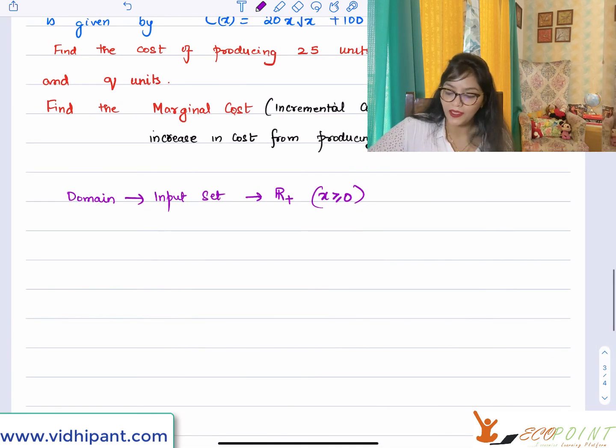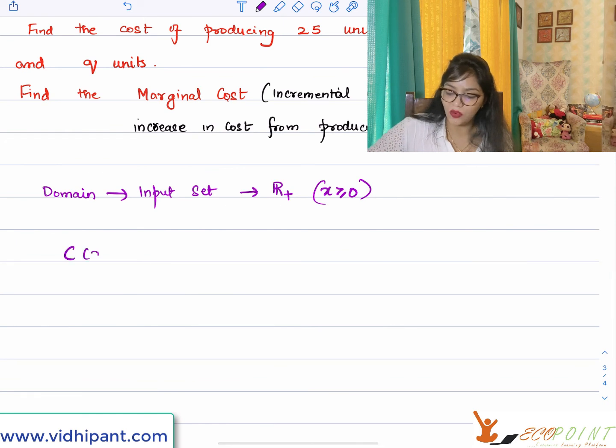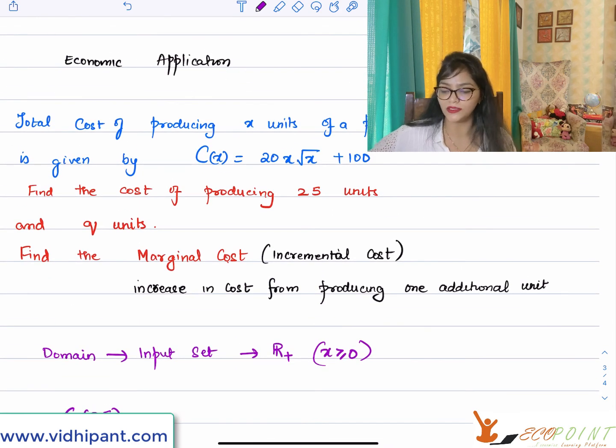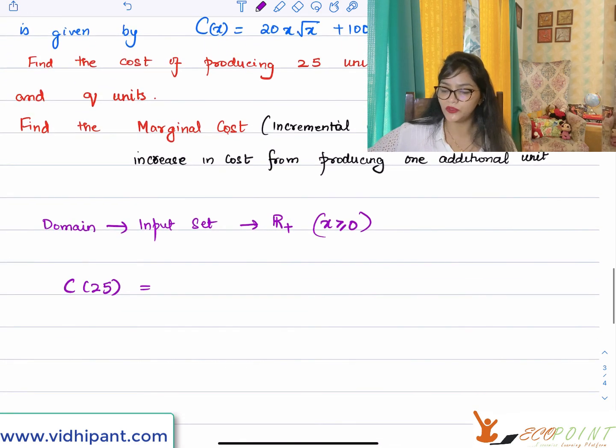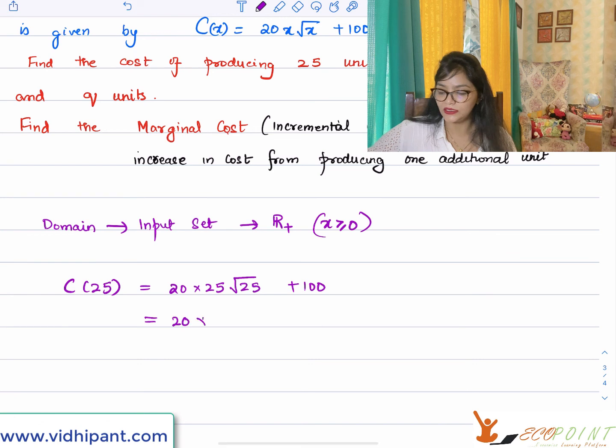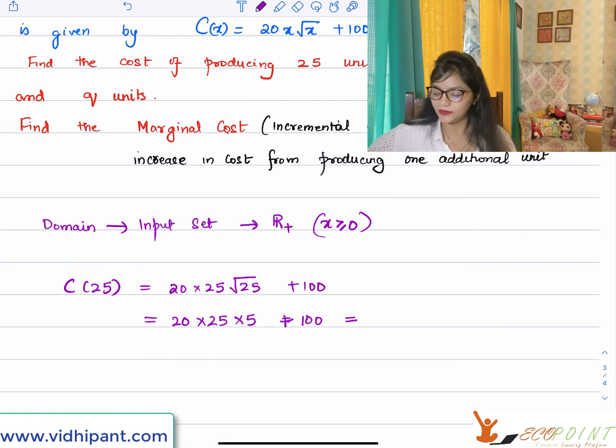It's not a problem. Now we need to find out the cost of producing 25. So we have a relation already provided in terms of the cost function. So the cost of producing 25 units will be simply 20 into 25 into square root of 25 plus 100. So that means it's 20 into 25 into 5 plus 100, which I suppose when you multiply, you will get 2500 plus 100, that is 2600.